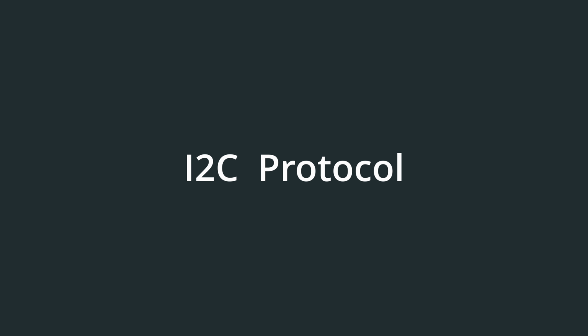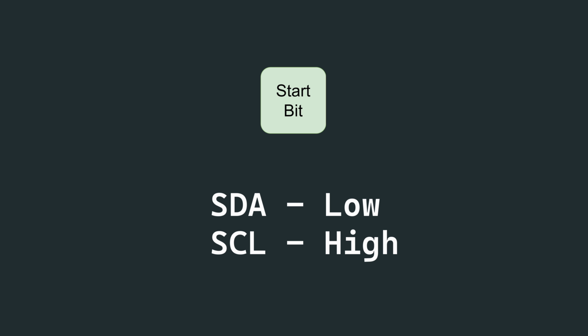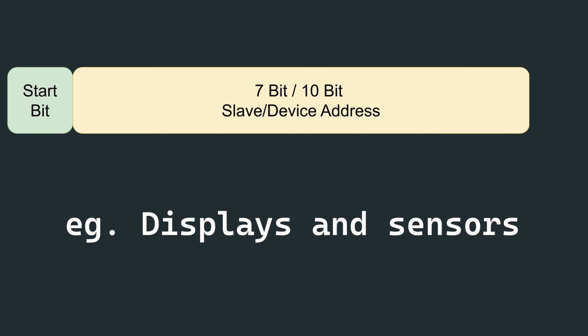This directly brings us to the next point, which is the protocol. Every I2C communication begins with a start condition, where the master device pulls the serial data line low while keeping the serial clock line high to initiate the beginning of a data transfer. This is followed by the slave device's 7 or 10-bit address.